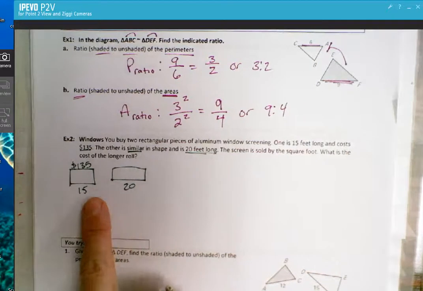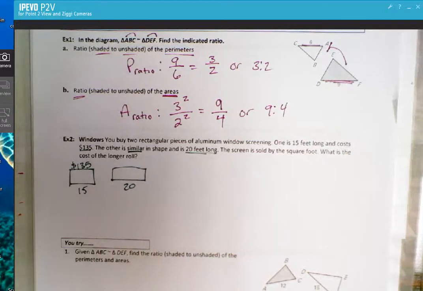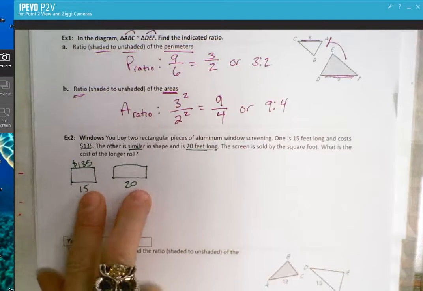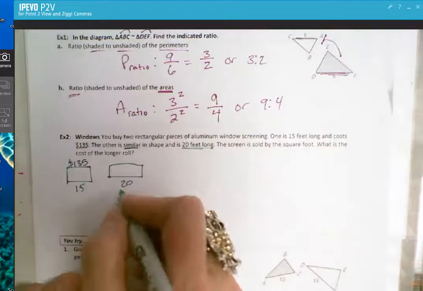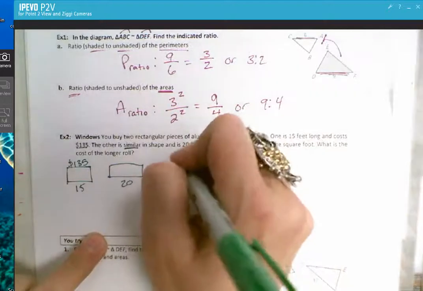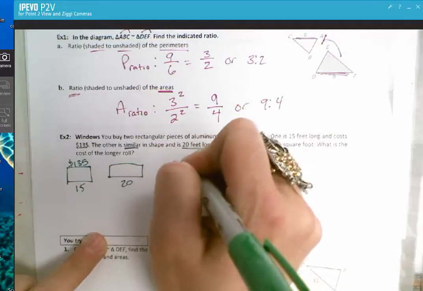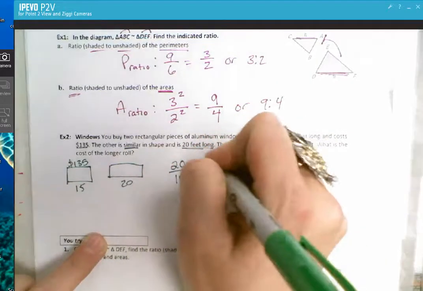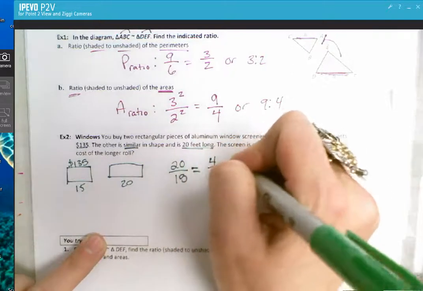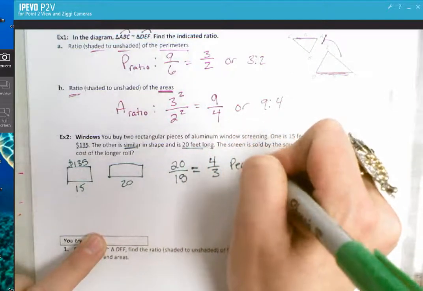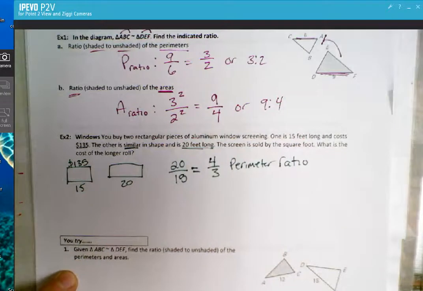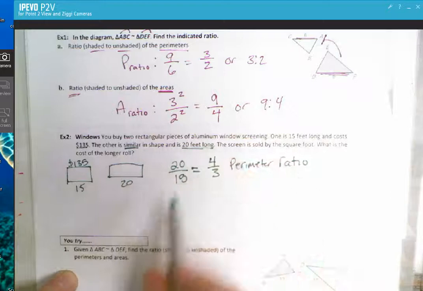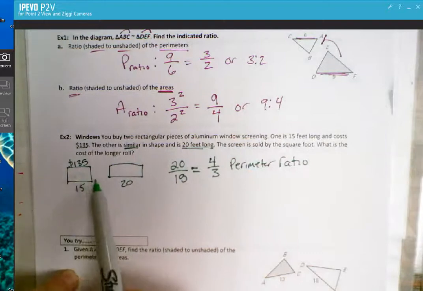So I can use my ratio of sides to determine the ratio of the cost of the rolls. So we know that 20 is to 15, which is reduced to 4 over 3, is my perimeter ratio. When I'm talking area though, so when I'm looking at costs, that's per square foot.